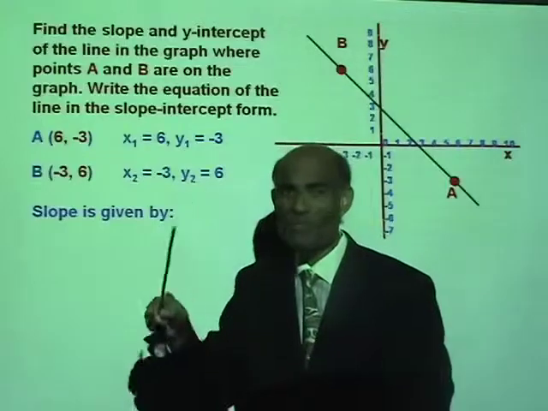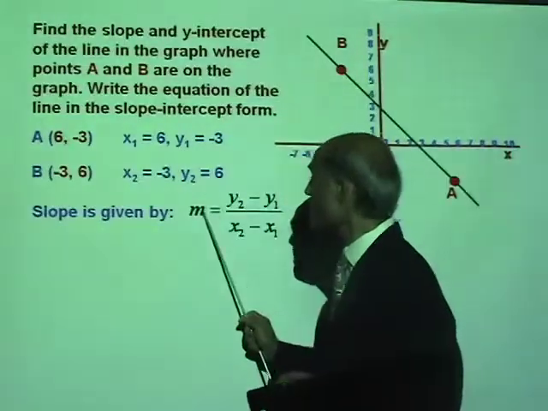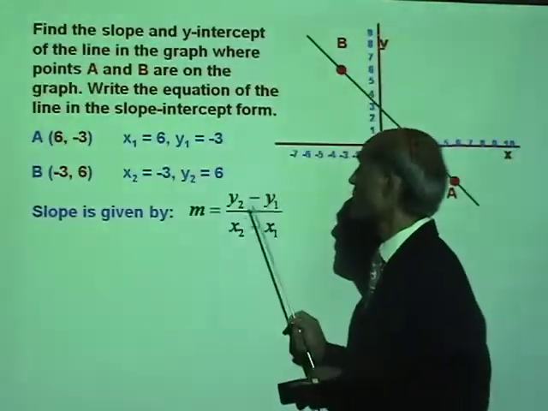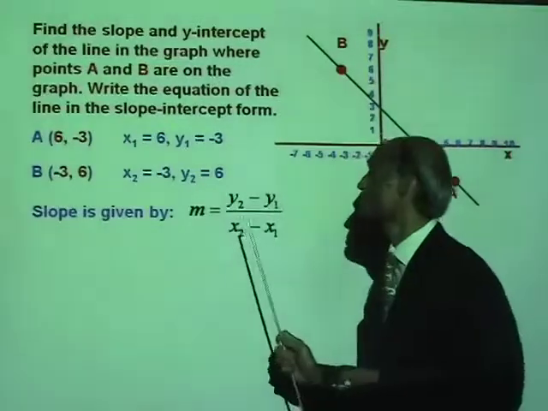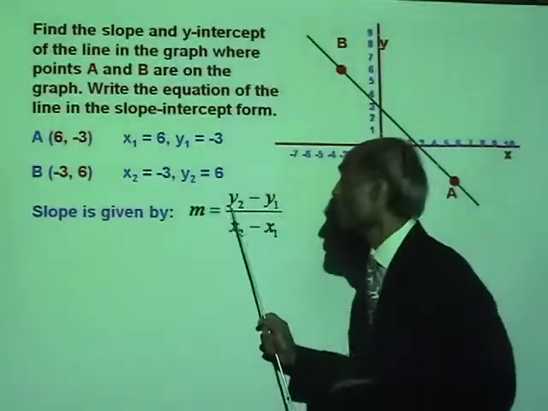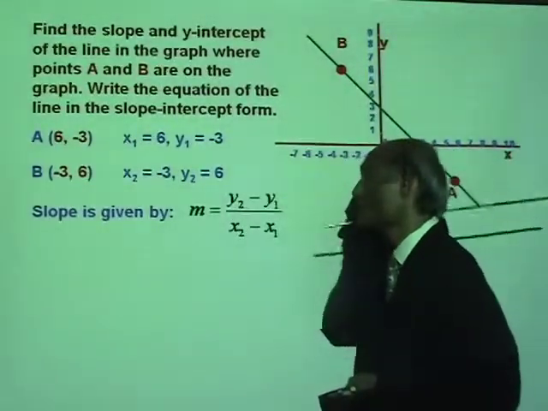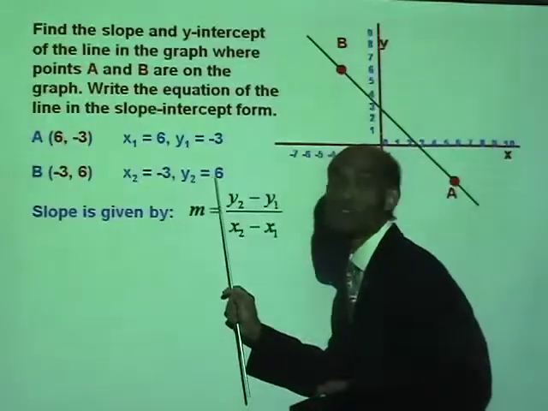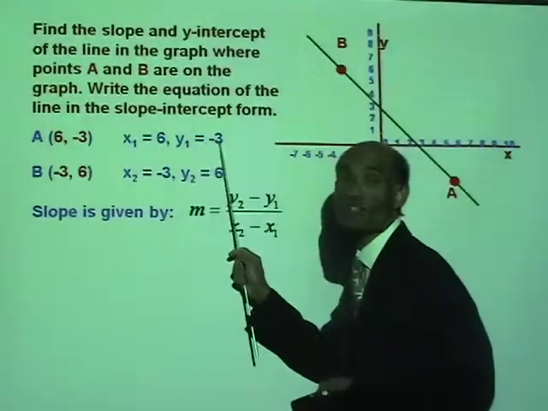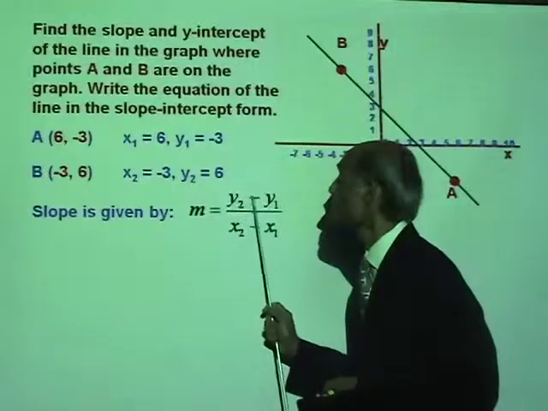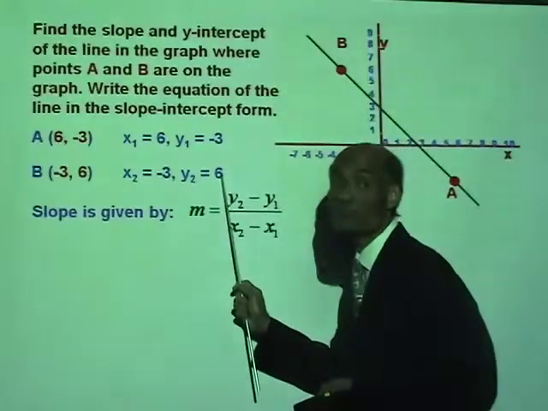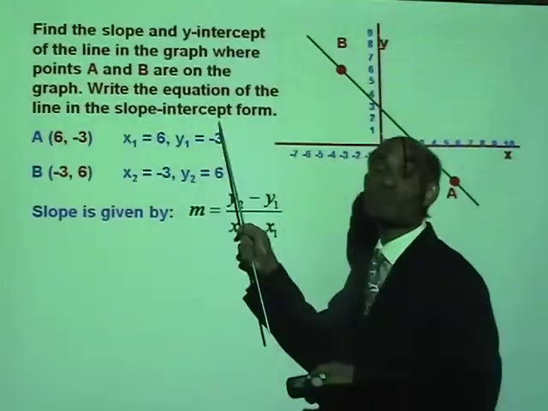You cannot forget that equation. So M equal to y2 minus y1 over x2 minus x1. Alright, what is y2 minus y1? y2 is 6, y1 is -3. y2 minus y1 is 6 minus -3.